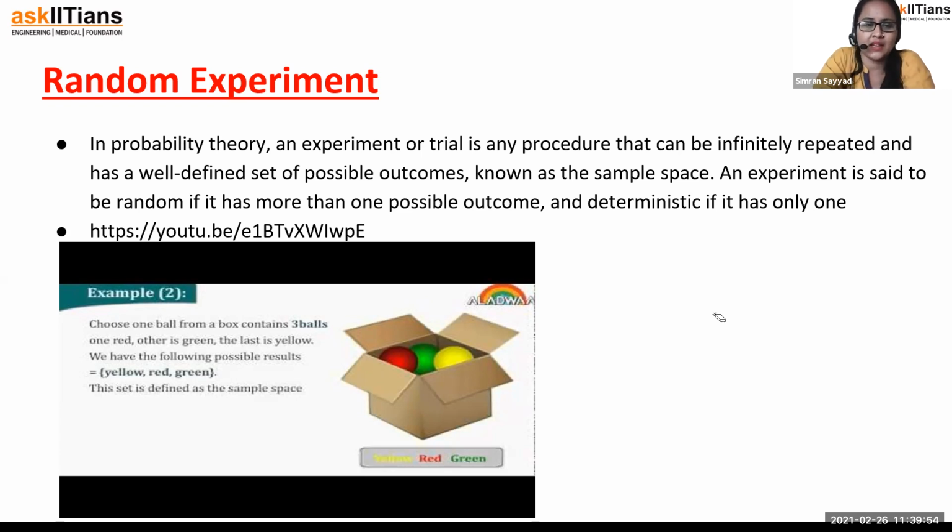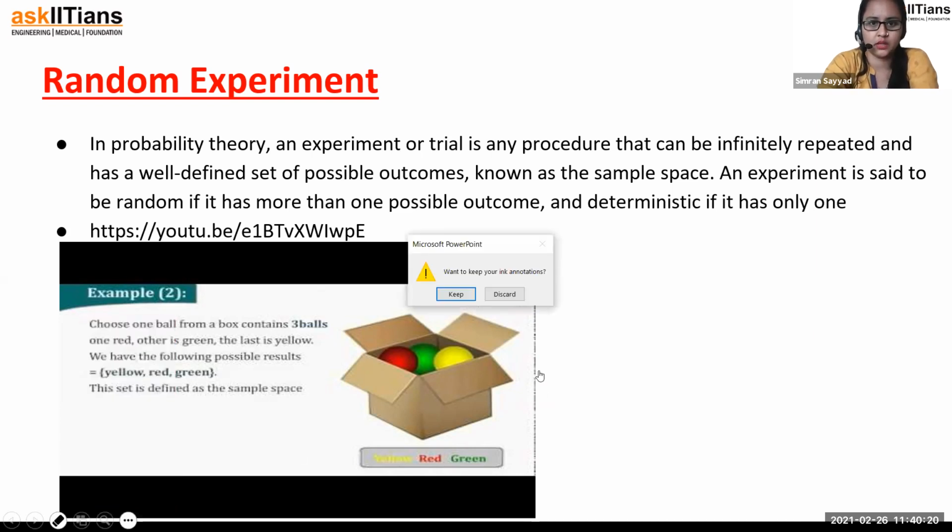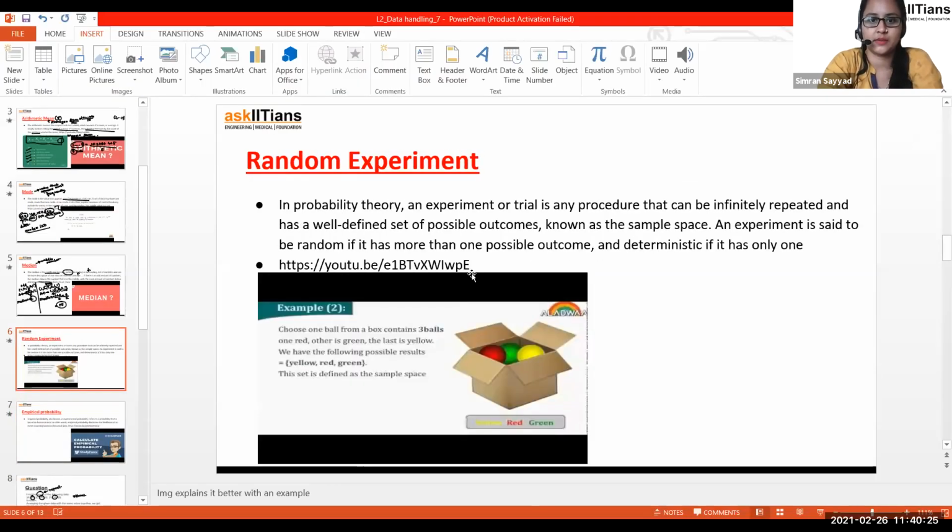Random experiment means whatever topics or whatever part we get in front of us, whether it is related to a dice or a coin or a box of balls or anything. It can be anything. Okay, so just to quickly make you understand this, I have a video for you, so let's quickly watch the video.